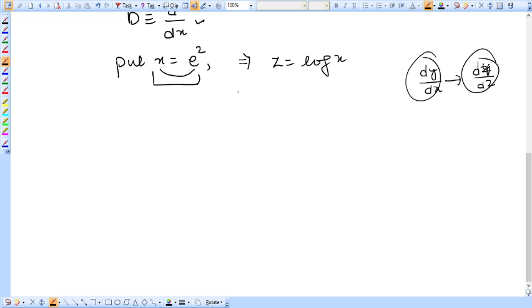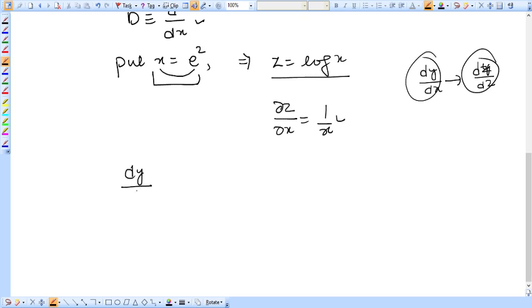So see here, z is equal to log x. So what would be dz by dx? It would be equal to 1 over x. So what is dy over dx?